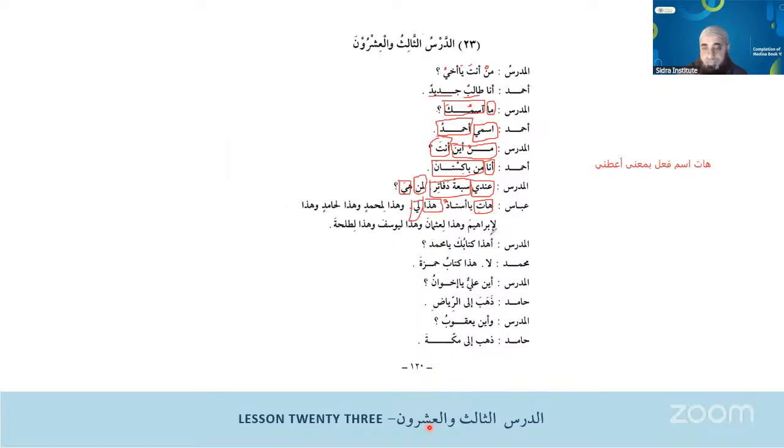So Hamza is harful istifham. Because it's a harf, it doesn't decide if a sentence is jumla ismiya or jumla fi'liya. So we'll move on to the next word, hadha. Hadha is a noun, ismul ishara. We'll say hadha is mubtada, and kitabuka, this possessive phrase, mudhaf ilayh, is going to be the khabar.